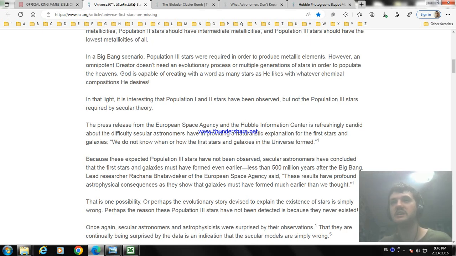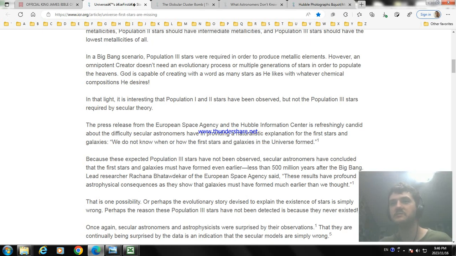The press release of the European Space Agency officially admitted the difficulties secular astronomers have in providing a naturalistic explanation of the first stars and galaxies. We do not know when or how the first stars and galaxies in the universe formed.